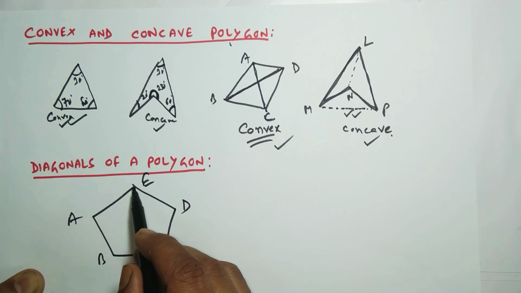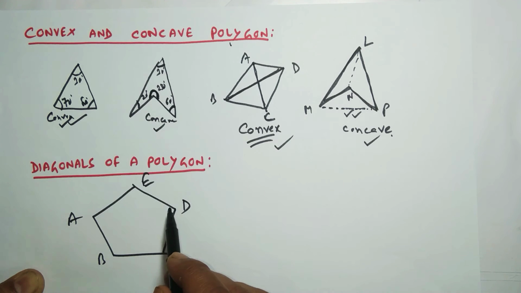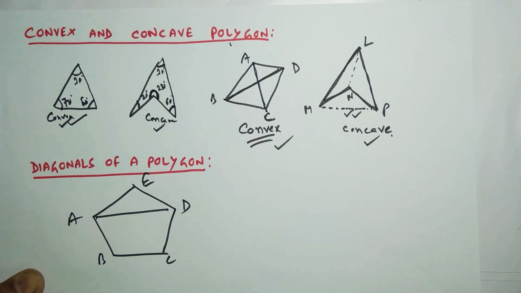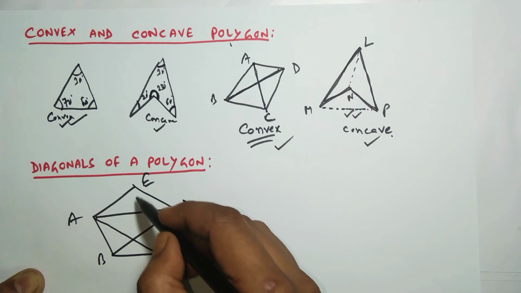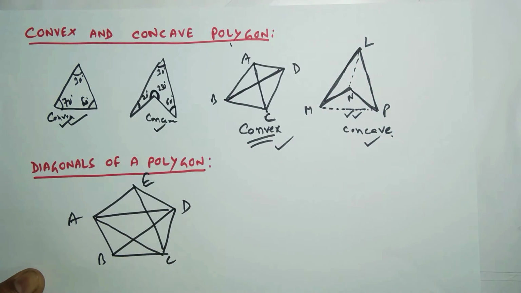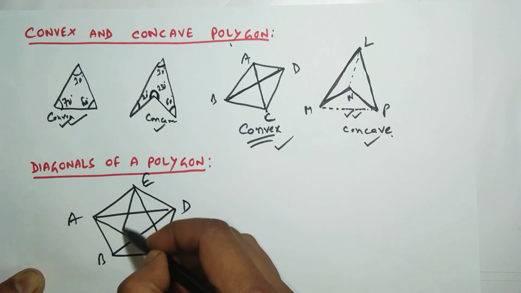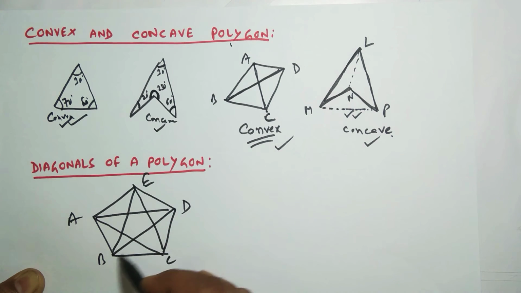A and E cannot be taken, as they are in serial order. A and D can be taken. Join it with this line segment. It's a diagonal. So try all non-consecutive pairs: A and C, B and D, E and C, B and E. When these non-consecutive vertices are joined, those line segments are diagonals.